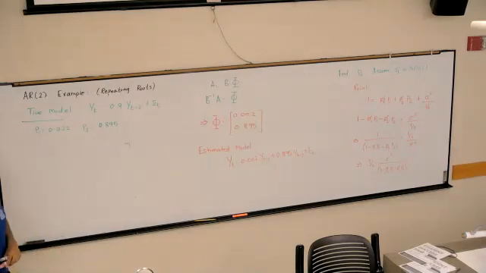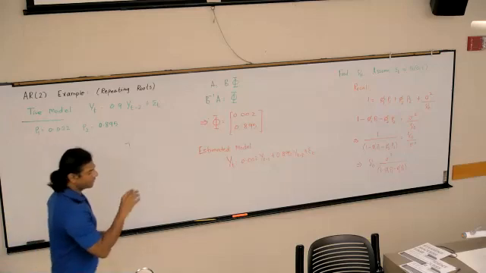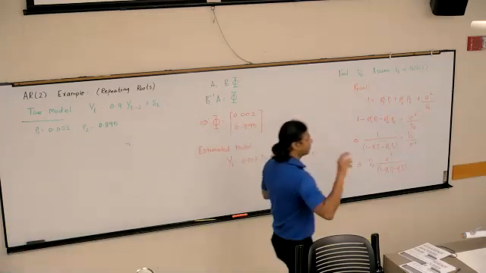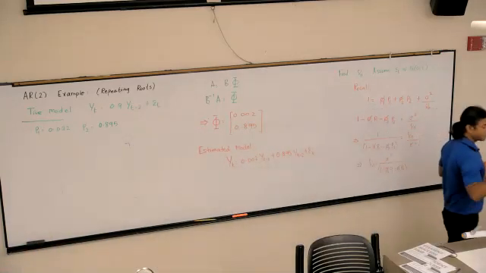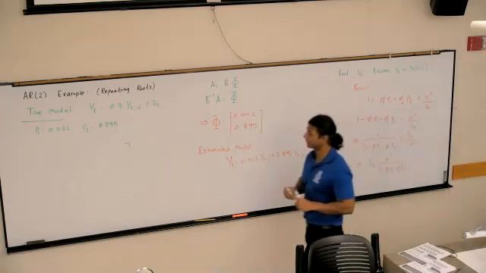Once again, you may say, well, why do we want to find the variance of the series? Again, variance is used to find confidence intervals. It helps in conducting hypothesis tests and so forth. So we need to know what the variance of the series is.